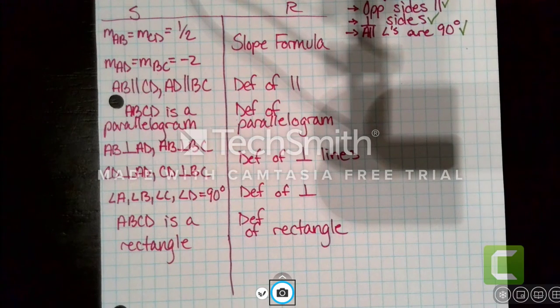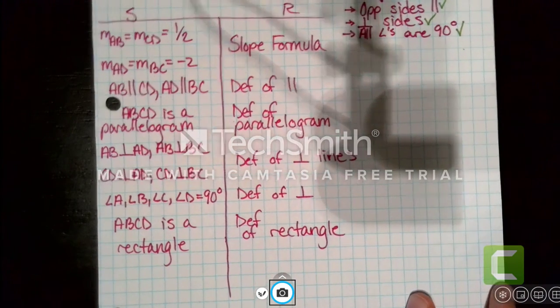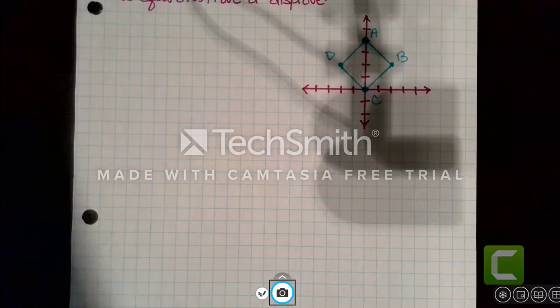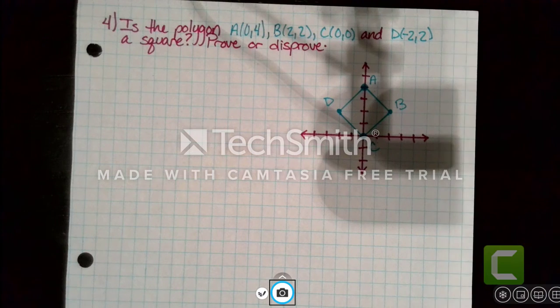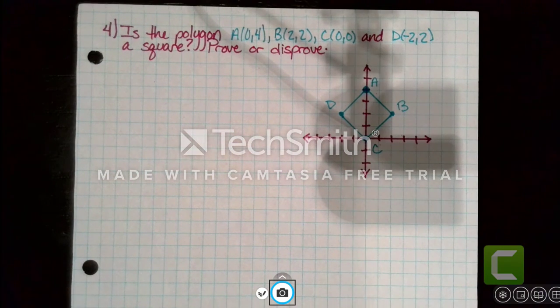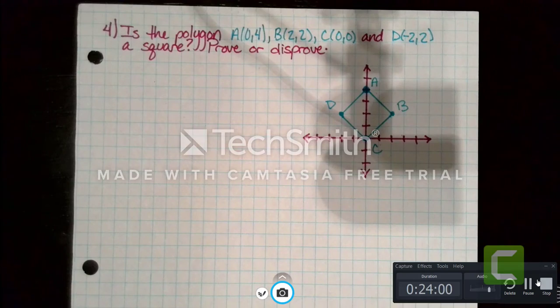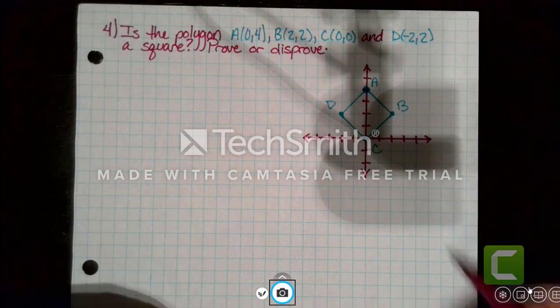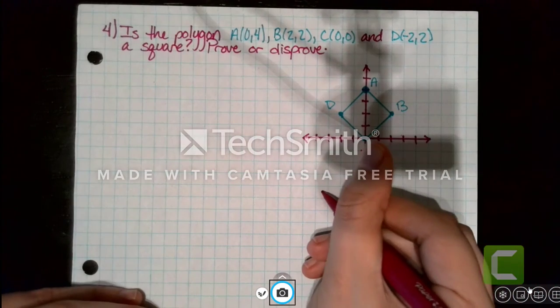And finally, we are going to prove when a shape is a square. So much like the rectangle, we are going to be proving much of the same things.